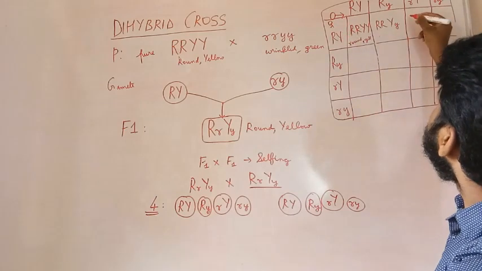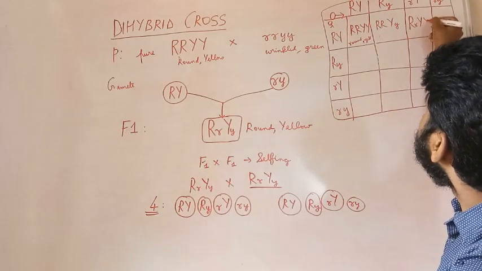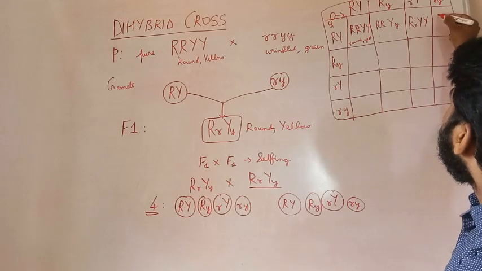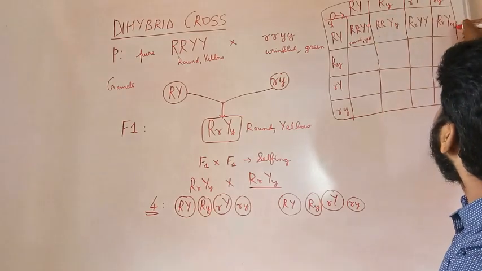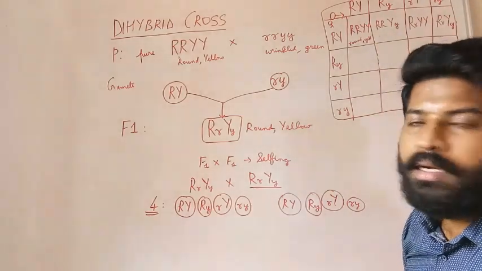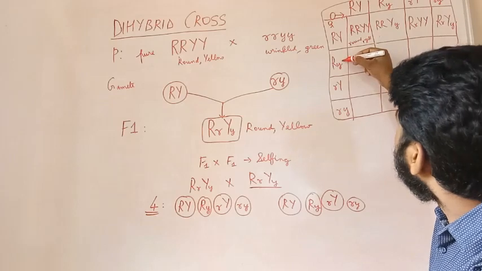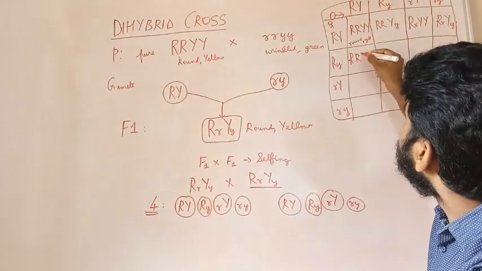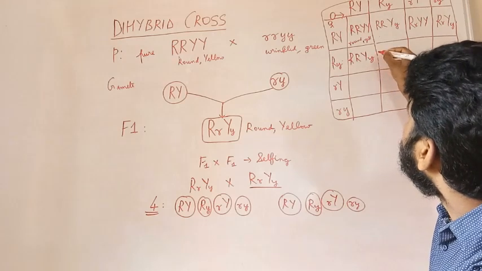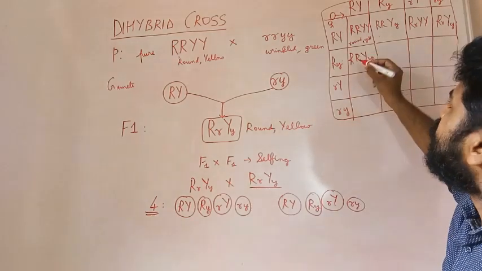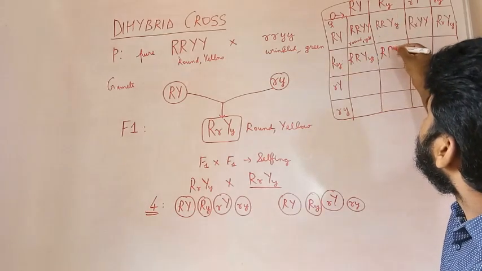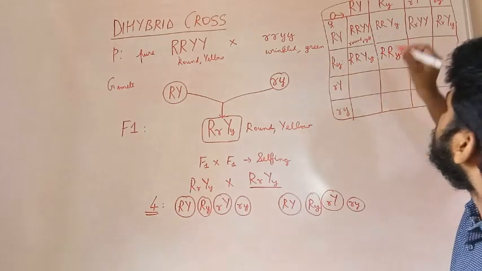Then this into this, that is capital R, small r, capital Y, capital Y. It is also round and yellow, and capital R, small r, capital Y, small y. It is also round and yellow. Similarly, we do this for this with this, capital R, small y, capital Y. That is also round and yellow.